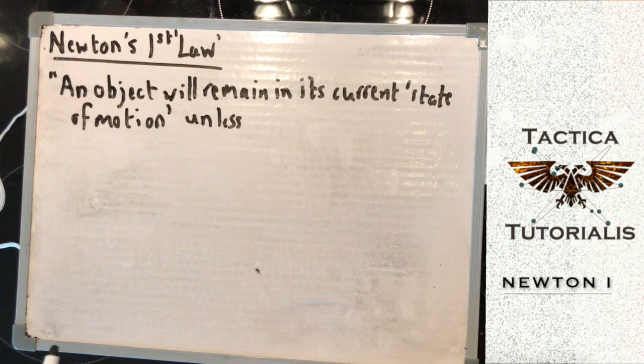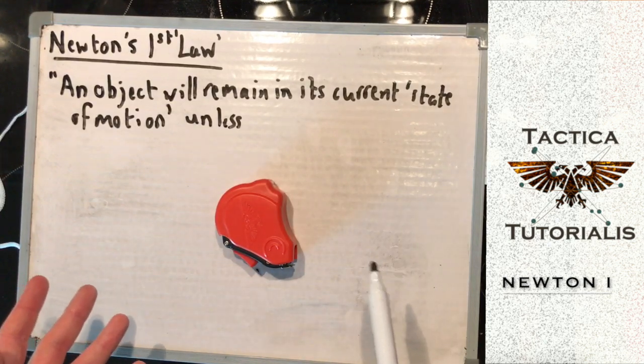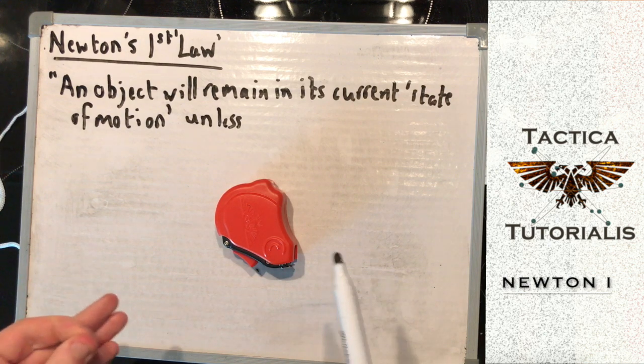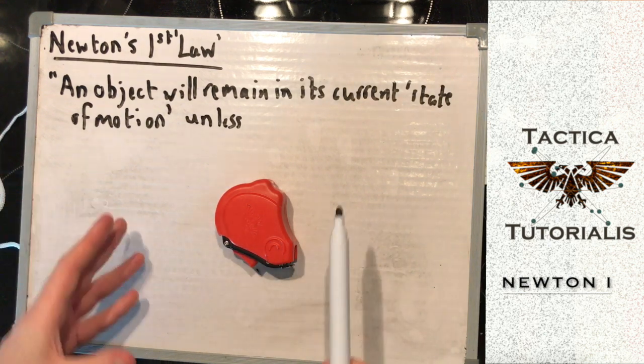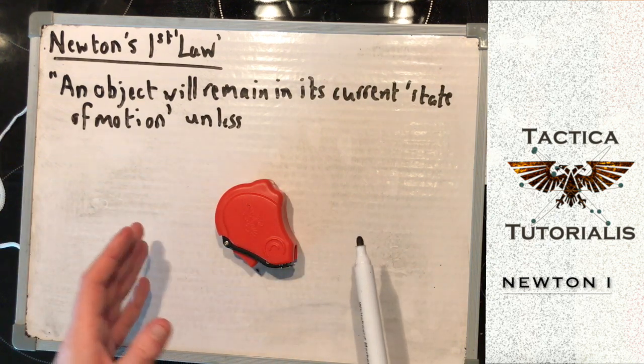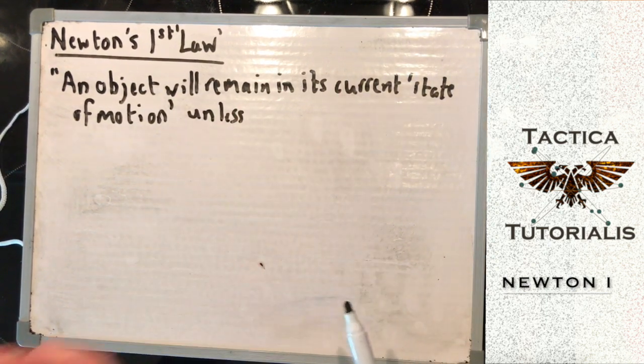So, an object will stay like that unless something in particular happens. And this is where forces come in. Because, to use my tape measure again, if my tape measure just sits there, it's going to stay sitting there. And nothing is going to make it spontaneously not just sit there. I have to come along and push it or pick it up for its state of motion to change.